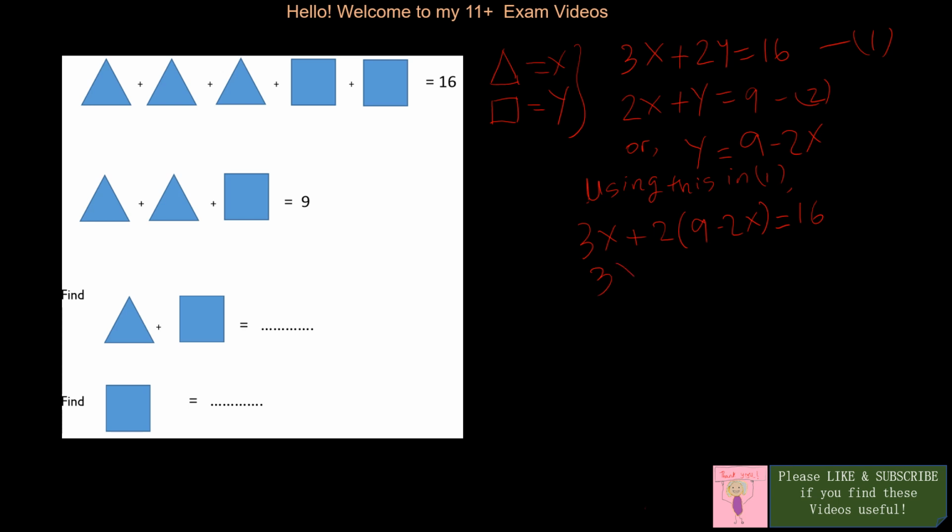So 3x plus 18 minus 4x equals 16. So changing sides, we get x equals 2, 18 minus 16, so that's 2. Okay, so if x equals 2, then y equals 9 minus 4, that equals 5.